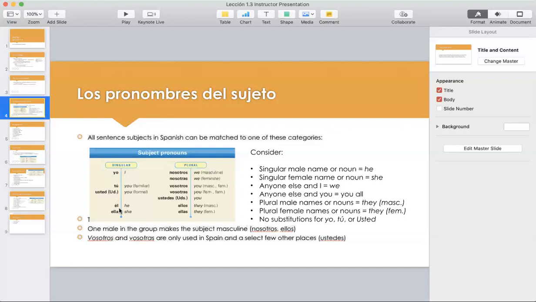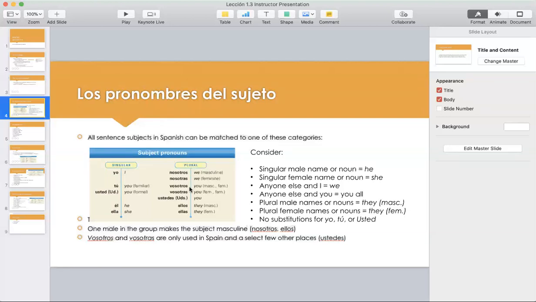Él is when you're talking about someone, a male. They may be present, right there in front of you, but you're not talking directly to them. You're talking about them. Ella, same exact thing. You're talking about this female. Nosotros and nosotras, we, you're including yourself and others in whatever you're talking about.